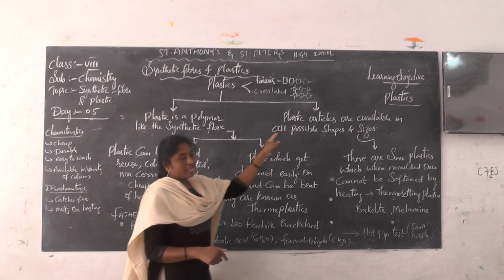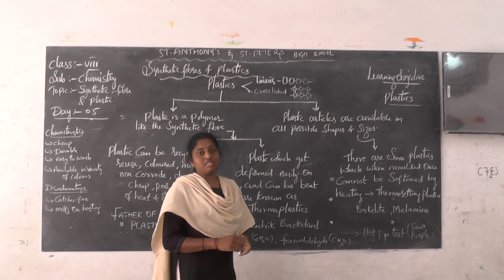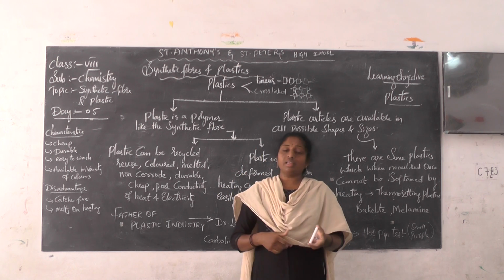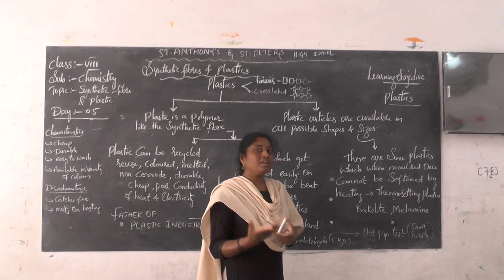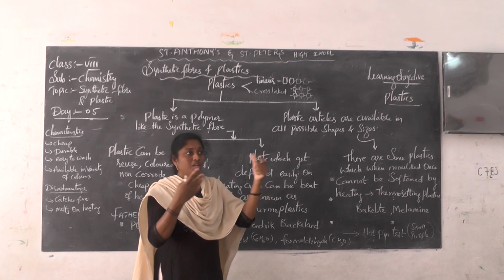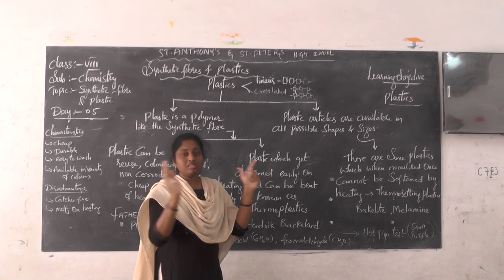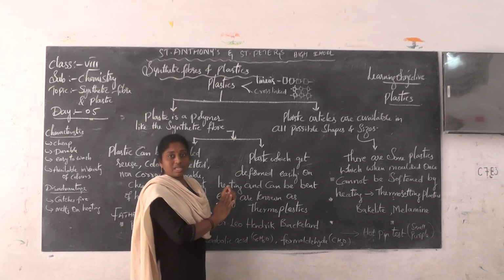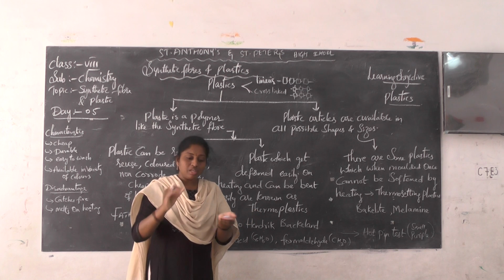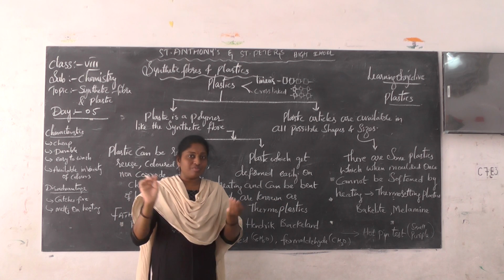And next one, plastic articles are available in all shapes and sizes. So you know that plastic is not only this particular size and shape. You can see different types, from small sizes to bigger sizes. If you see in your kitchen, your mother will arrange the containers in different sizes, from the small size to the bigger size. When you buy items also, you can see containers from the small size up to a much bigger size.